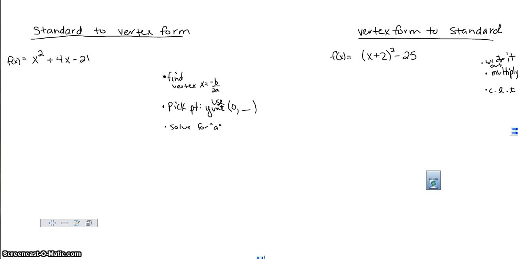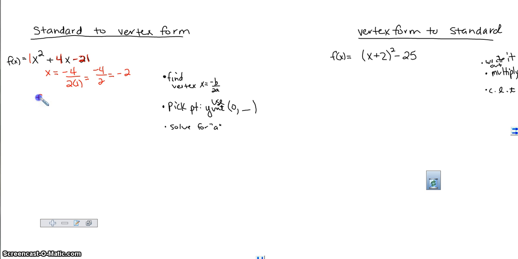So we're going to use x equals negative b over 2a. Again, here's a, b, and c. So the opposite of b, negative 4, over 2 times a. There's our axis of symmetry, which is negative 2. And then we're going to have to substitute that back in.